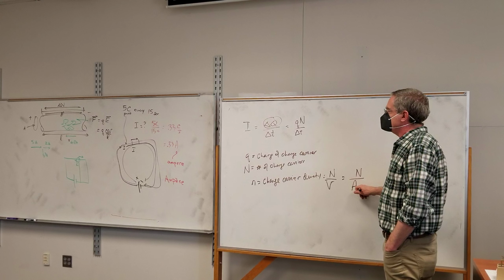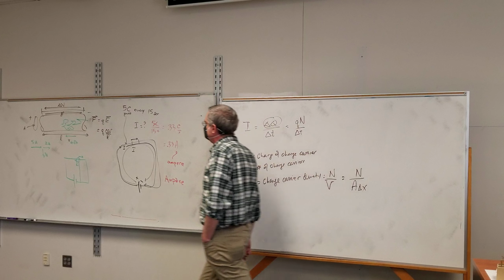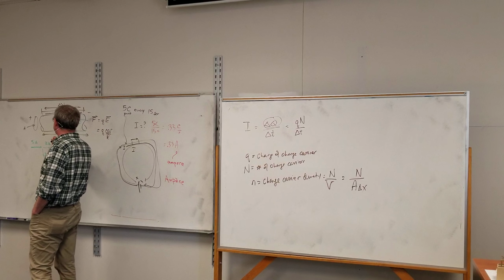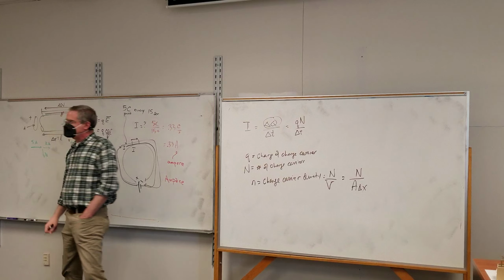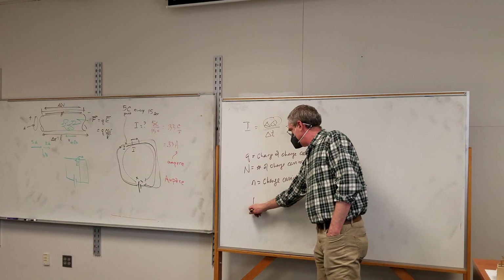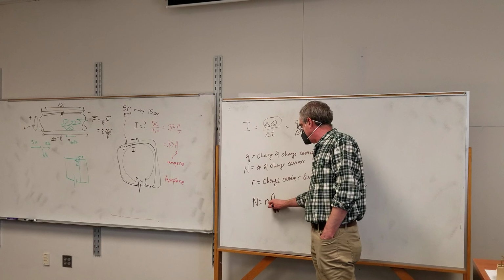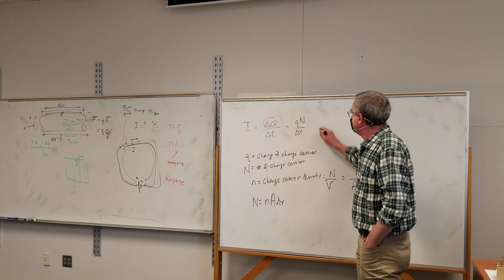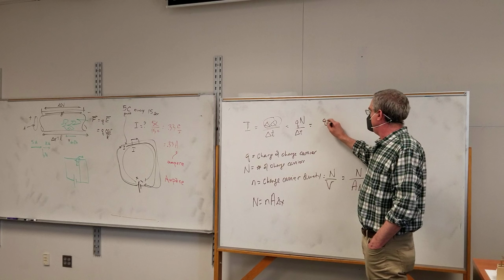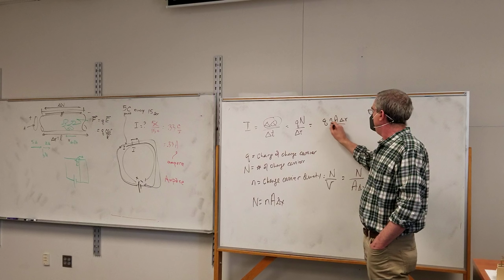Actually, I'm going to rewrite that as delta x instead of L. It'll make life a little bit simpler in a moment. So N is just my charge carrier density times my volume, which is A delta x. So this becomes Q n A delta x over delta t.